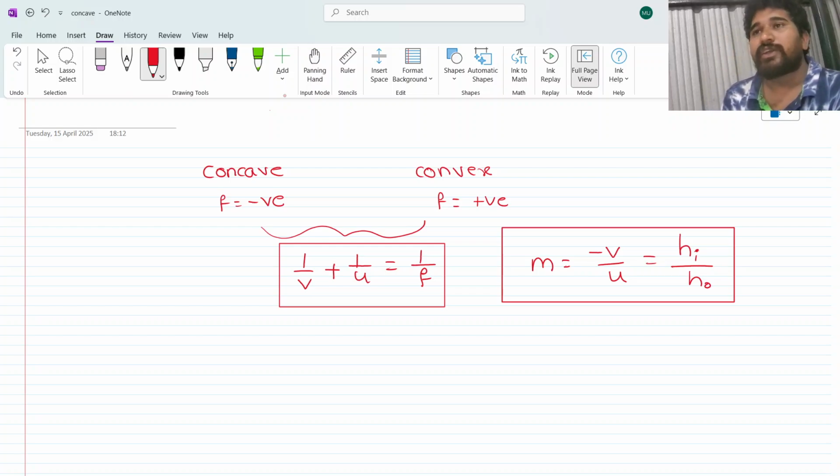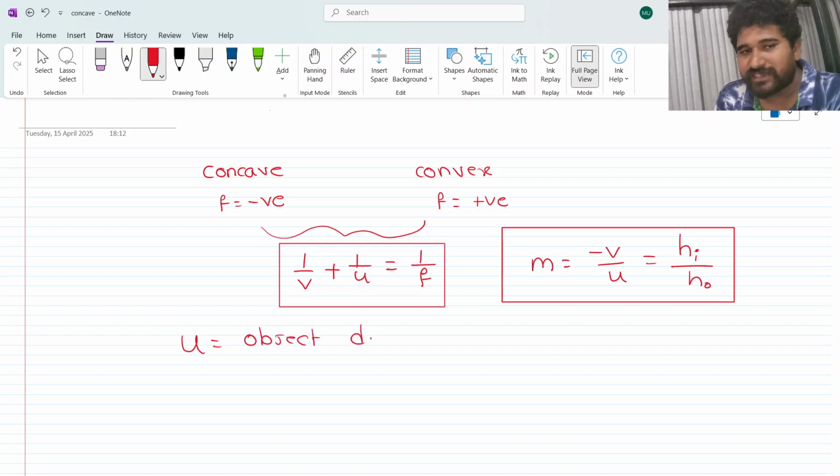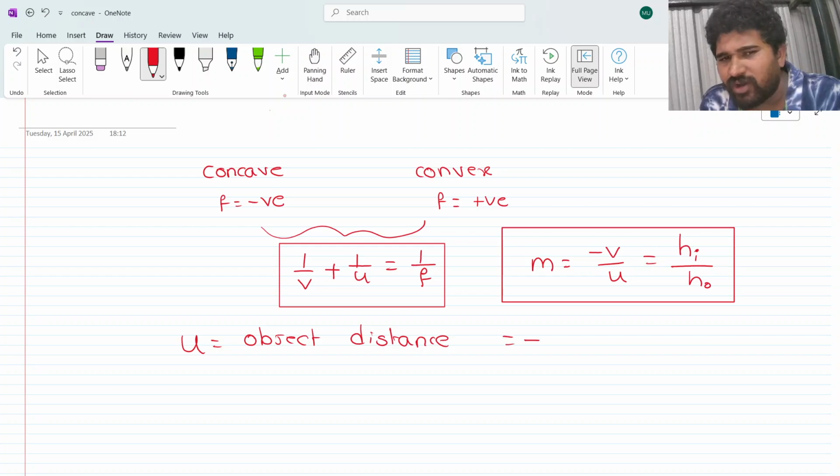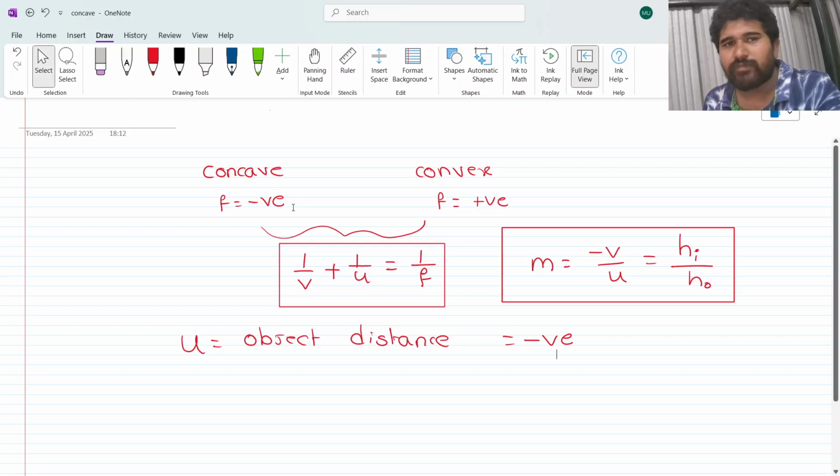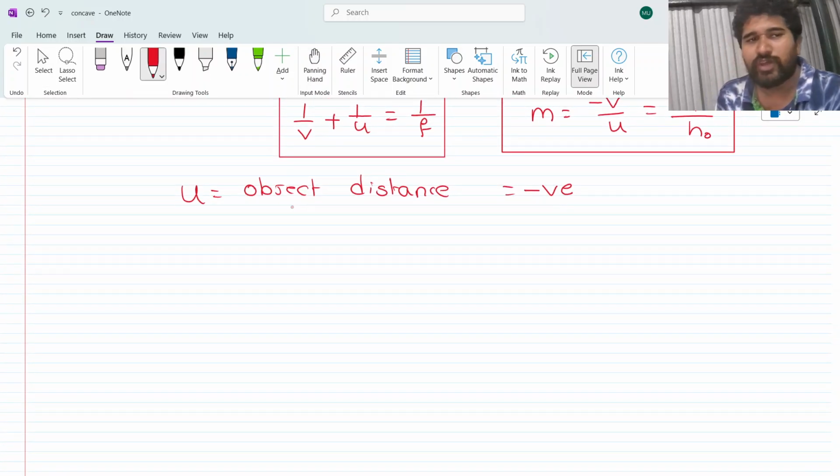And remember, U is called the object distance. It is always negative. Clear for everybody?